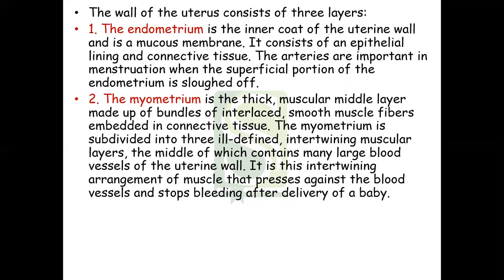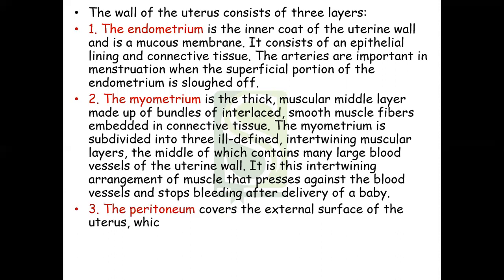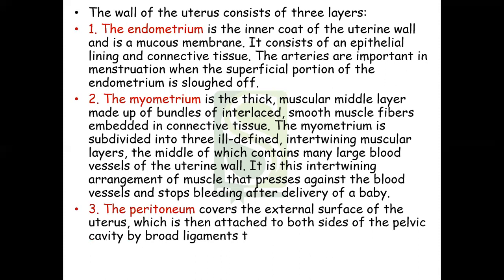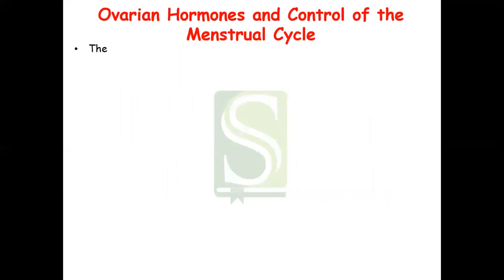It is this intertwining arrangement of the muscle that presses against the blood vessels and stops bleeding after the delivery of a baby. The outermost layer is the peritoneum. It covers the external surface of the uterus, which is then attached to both sides of the pelvic cavity by broad ligaments through which the uterine arteries cross.